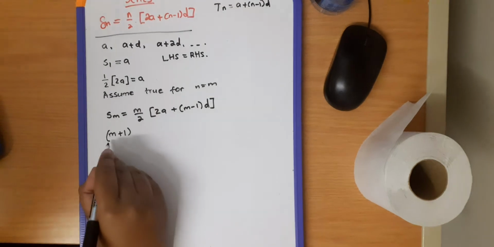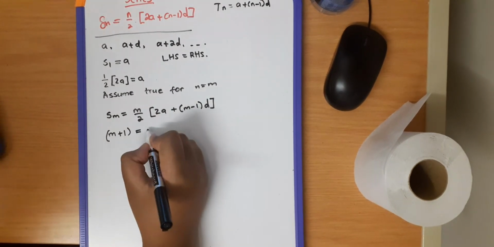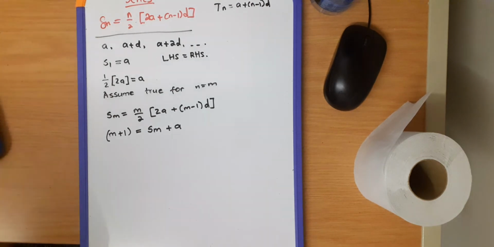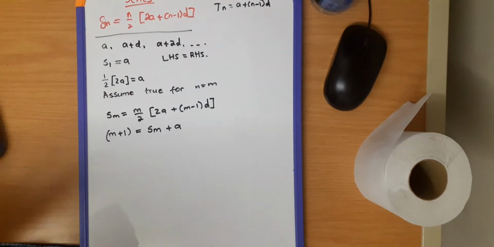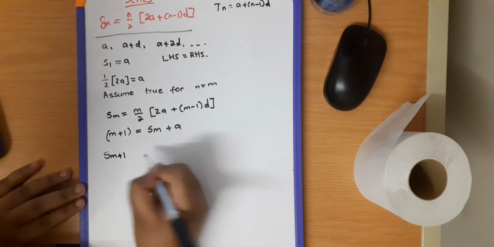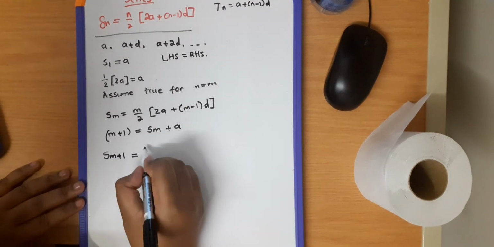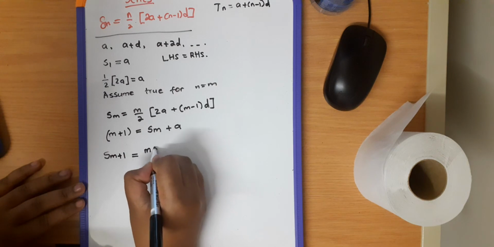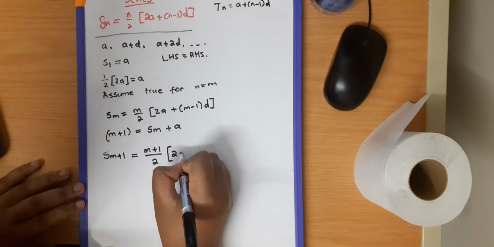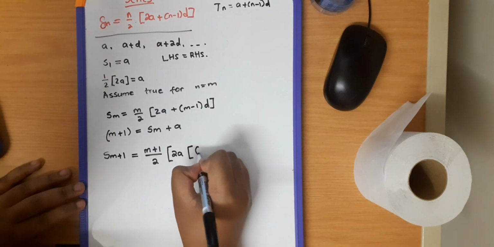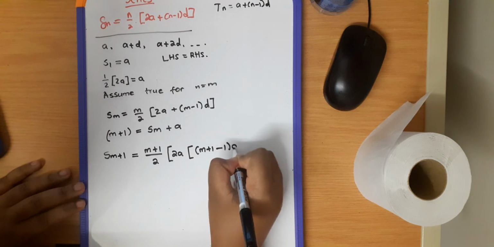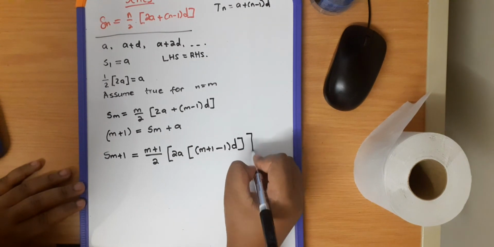So the sum of m plus 1 would equal the sum of m plus the next term, and this is going to be the sum of m plus 1 over 2 times (2a plus (m plus 1 minus 1)d), right?